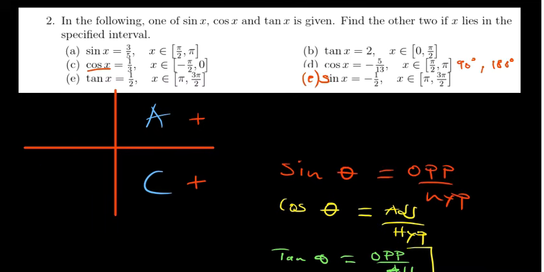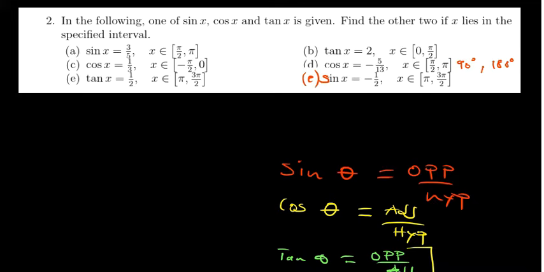Since x is between pi over 2 and pi, it's supposed to be in the second quadrant. So the triangle will be in the second quadrant, and it will be like this.